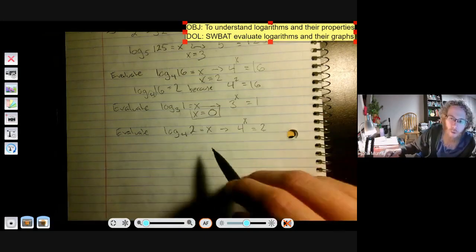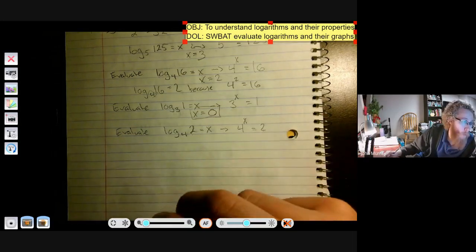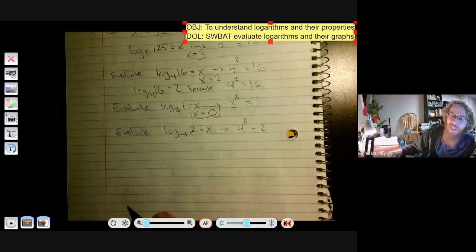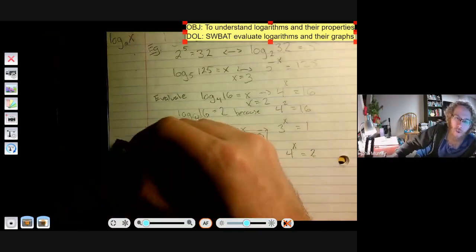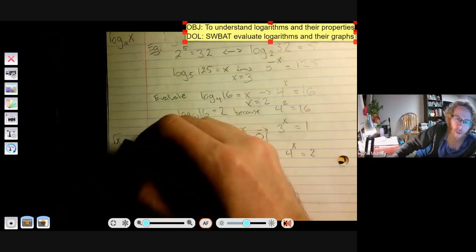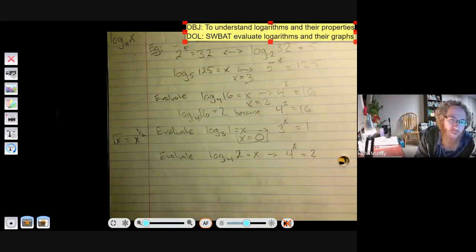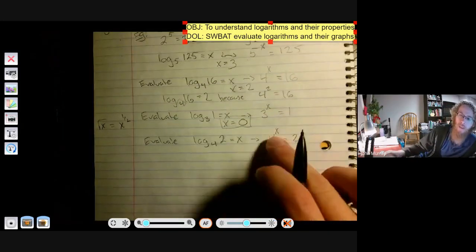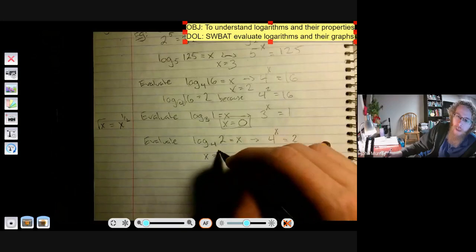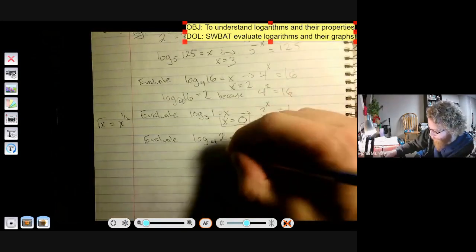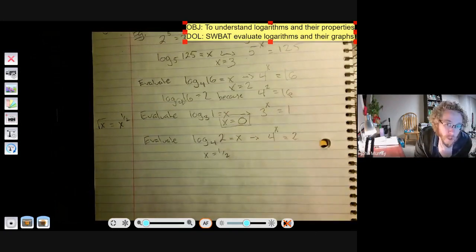If we want to do the opposite, we're going to square root. So how do we show that? Remember, if I had the square root of x, I can write that as an exponent as x to the 1/2. So here my exponent would have to be 1/2. Our answer would be 1/2.